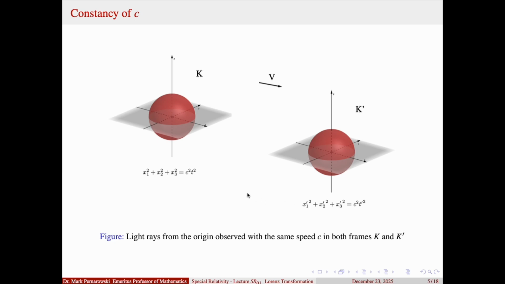Now, t and t prime need not be the same here, and that's what's crucial. And that's why it's possible that in either frame you see spheres that start getting larger. This is enough to derive the Lorentz transformation. It's one picture.